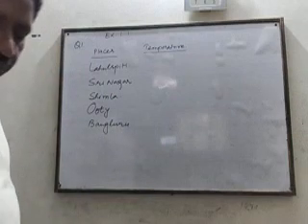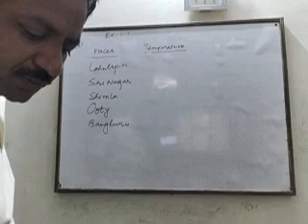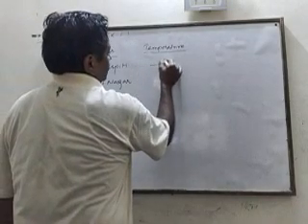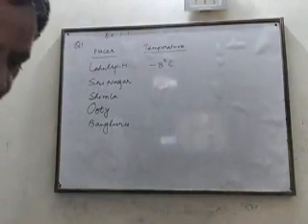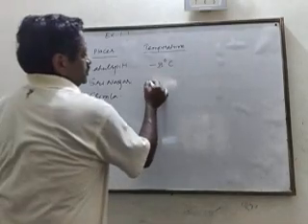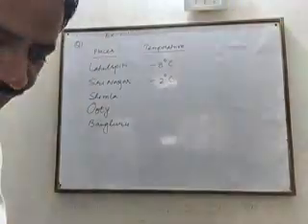So the temperature of Lahaul Spiti on the number line, you will see that -6, -7, -8. It is -8 degree Celsius. Then Srinagar -2 degree Celsius.